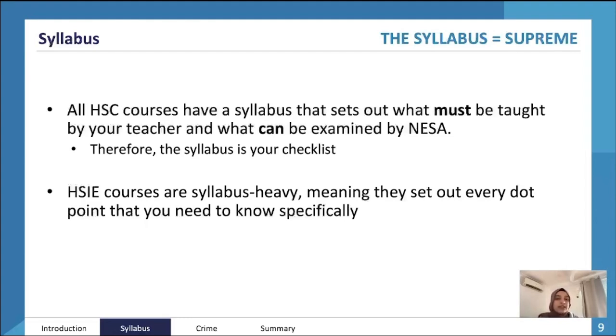That is exactly what you should be doing in order to understand what you know and what you don't know, so that you can separate the two, focus on what you feel you need to improve on, and then essentially go from there. So therefore, your syllabus is your checklist. It is something that you use to tick or cross what you know and what you don't know.